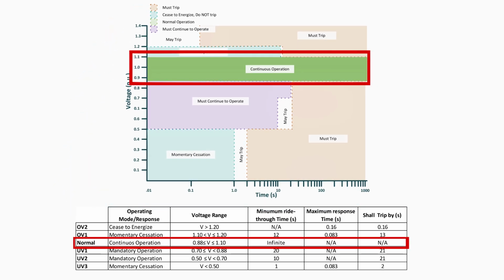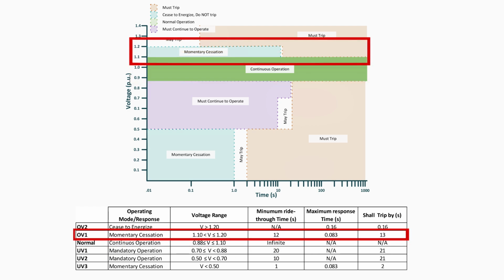So if you have voltages that are between 1.1 and 0.88 of nominal voltage, this is considered normal and the inverter is to run normally. That's this green area. Now if the voltage were to go above 1.1 up to 1.2, and again that could be interpreted as 110% to 120% of nominal, then the inverter is to momentarily cease to operate for at least 12 seconds.